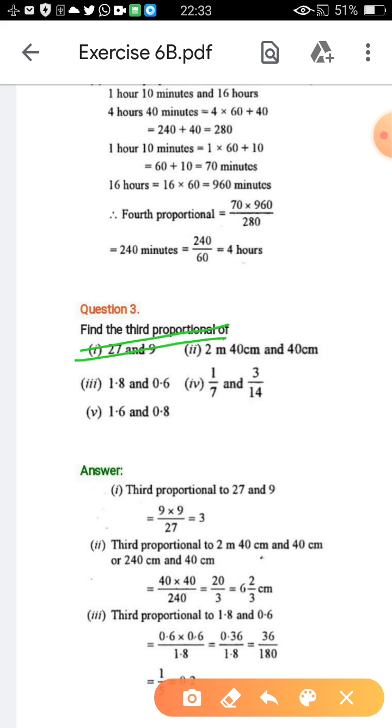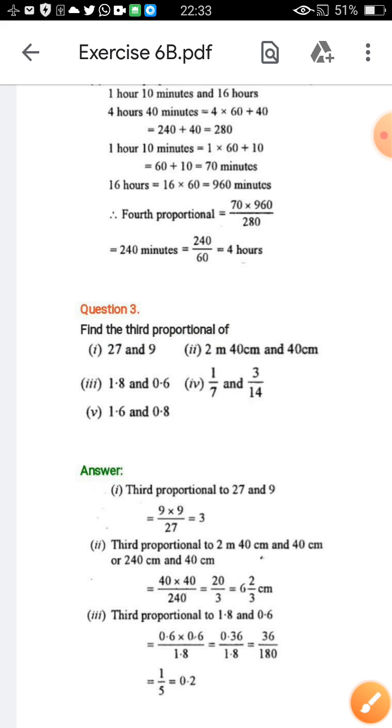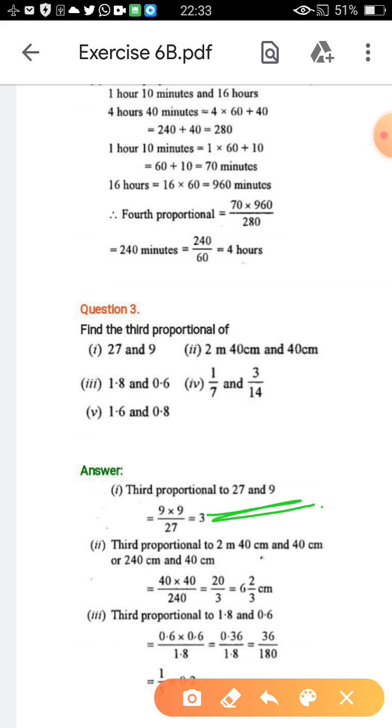In that we will see the first one, 27 and 9. The third proportional to 27 and 9. Whenever only two terms are given, at that time take the square of the second number and divide by the first one.